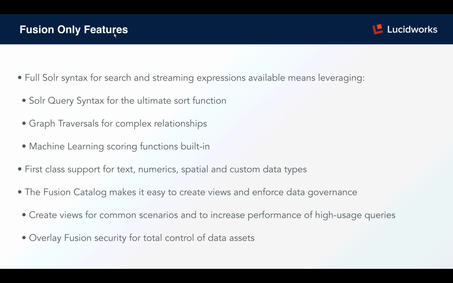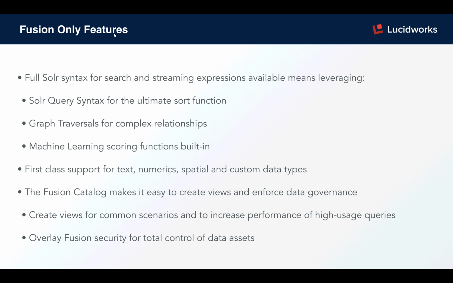Second big thing here, of course, with Solr, and thus through Fusion, you get first-class support for text and numerical data and spatial, and of course you can add in your own custom data types. Last but not least, one of the key underpinnings to all of this Fusion SQL stuff is what we call the Fusion catalog.